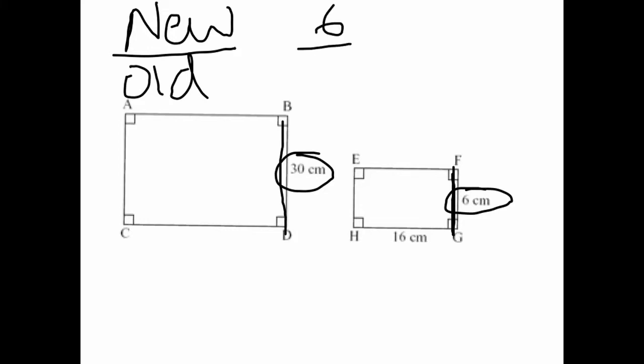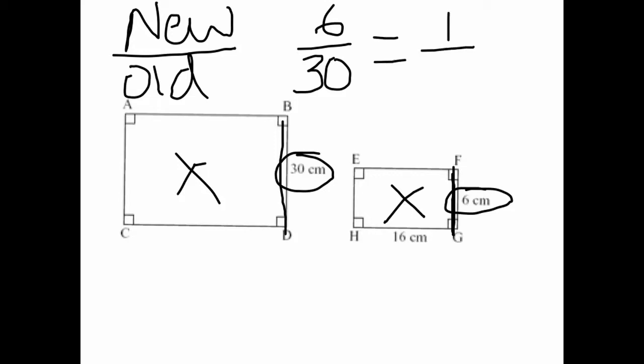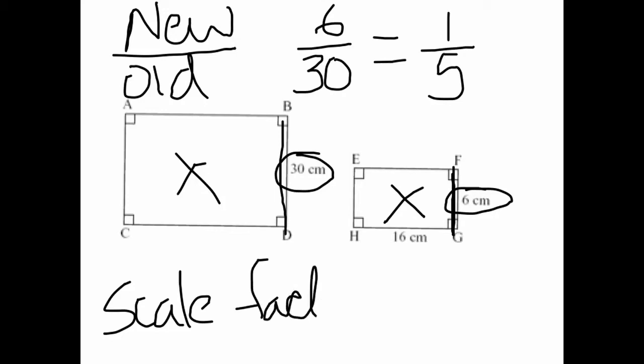I know my scale factor is going to be less than 1 since our original rectangle became smaller. So that's my new value, and my old value of 30 will go below it. Now, if I reduce this down by dividing top and bottom by 6, I'm going to come up with 1/5. So my scale factor here is 1/5.